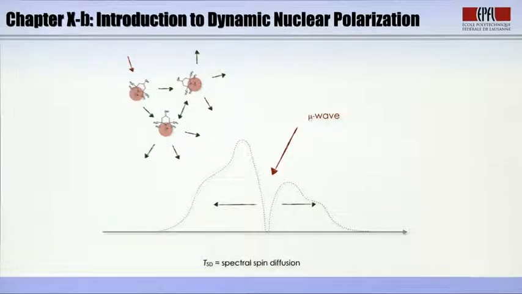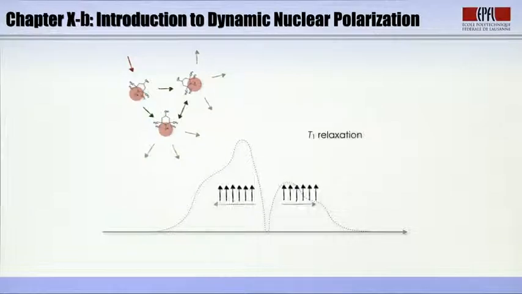There is another very important phenomenon that happens at the same time, and that is the T1 relaxation. So at the same time you try to saturate your ESR line with microwave and you try to equilibrate the population amongst the energy levels, and at the same time this perturbation tends to travel across the EPR line by spectral spin diffusion, the T1 relaxation tends to bring back the population towards the Boltzmann distribution.